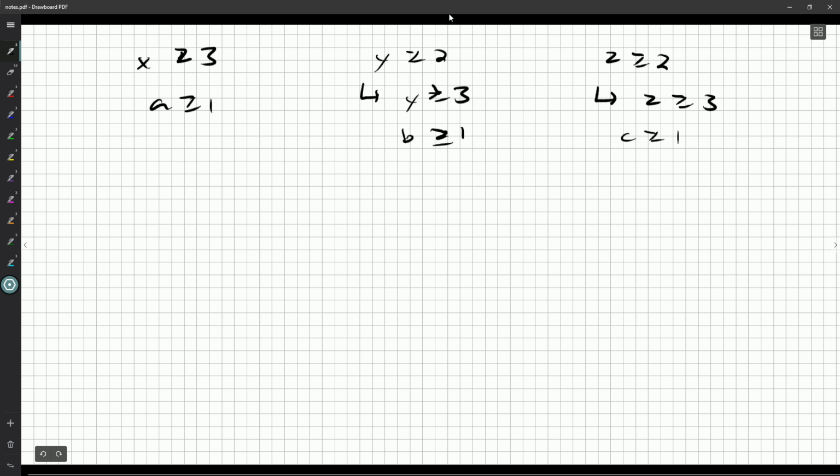Well, if I had a couple extra A's, that could work. But can I always add on A plus 2? Well, if X was 3, A would be 1, and so you'd have 3 of those. So that would work. If X were 5, A would be at least 2, and you could add on 2 of those.